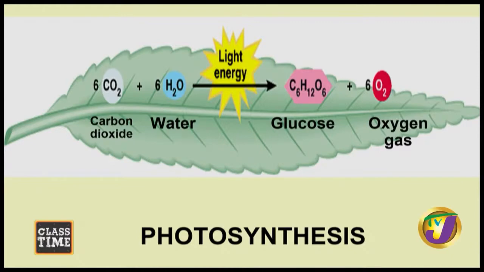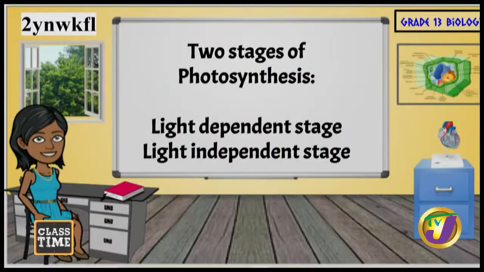However, this equation could not be far from the truth of really what happens with photosynthesis in a typical plant. Because actually what happens is there's no time during the process where carbon dioxide and water ever meet.